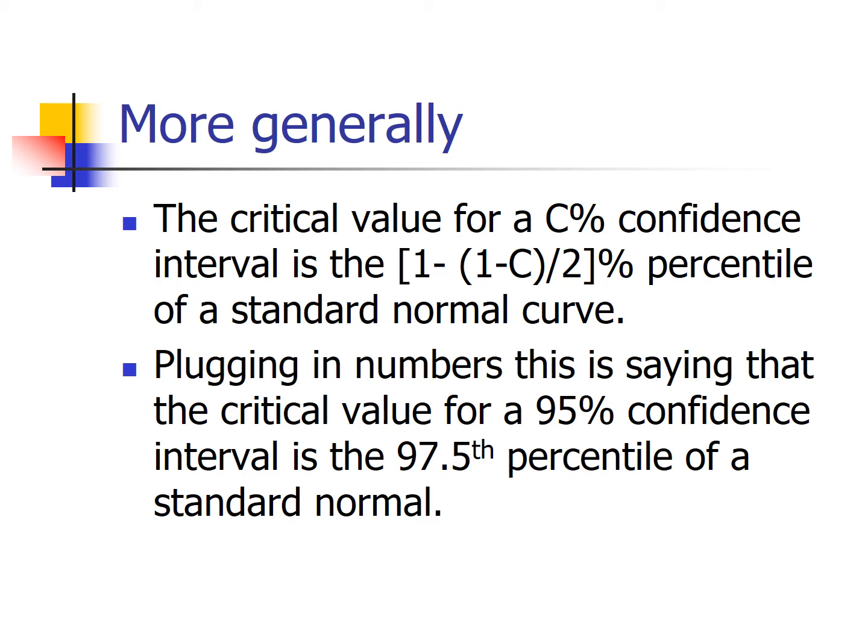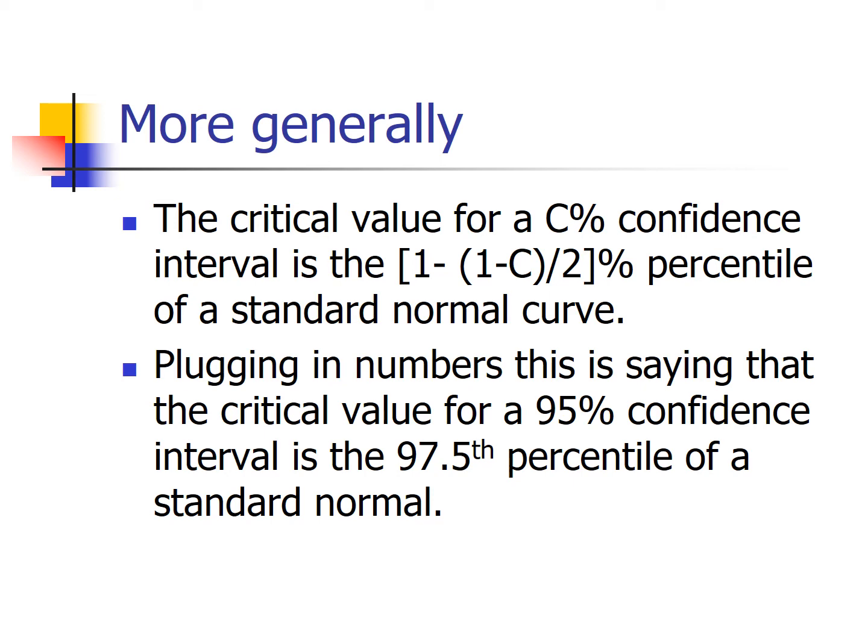Now, it turns out more generally, the critical value for a C percent confidence interval, I know this formula looks a little bit crazy, but it's not too bad, is the 1 minus the quantity of 1 minus C divided by 2 percentile of the standard normal curve. So if we're talking about 95% confidence, we'll plug 95 in there.